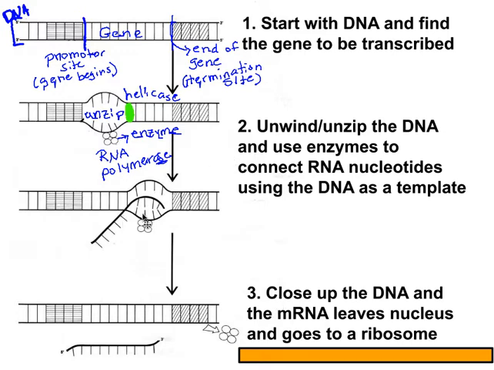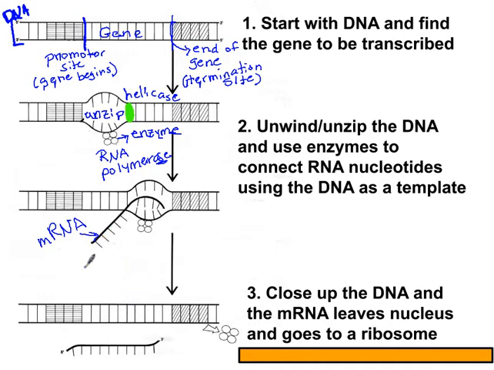So right here, this is our mRNA. Our RNA polymerase, this is an enzyme. It's helping to build this mRNA molecule. So let's go ahead and label our picture. This is our mRNA, that's this guy right here.